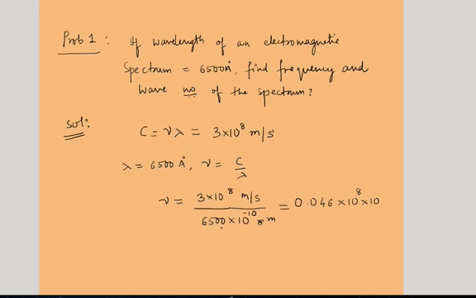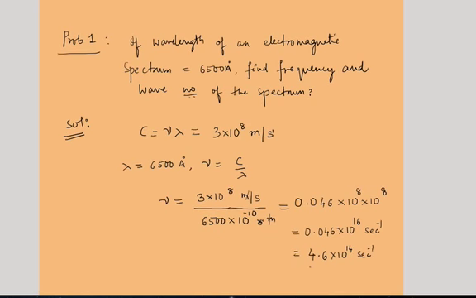Can you see, there were two zeros here, so if I cancel them with this, that would become 10 power minus 8. If I bring that 10 power minus 8 to the numerator, it becomes 10 power 8. So this will be 0.046 into 10 raised to power 16 per second, because these will be the units in per second. This was meters per second, meter gets cancelled, and you are left with only second. So I can write this as 4.6 into 10 raised to power 14 per second.